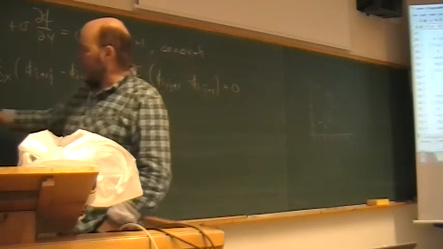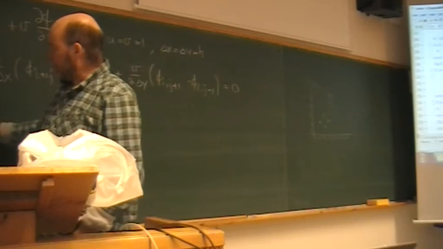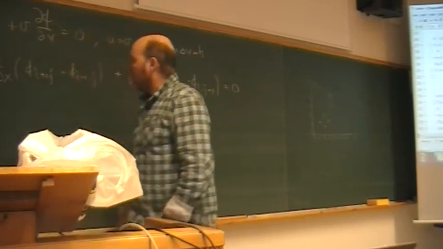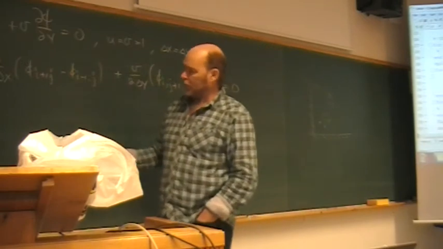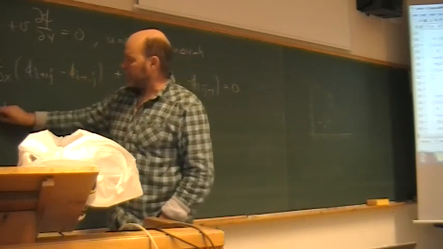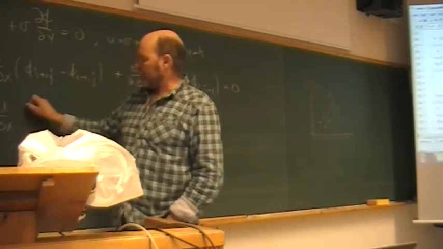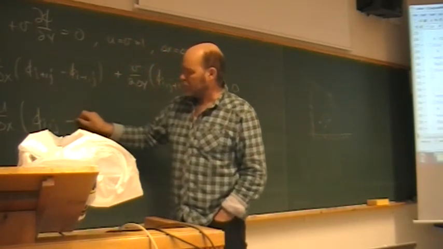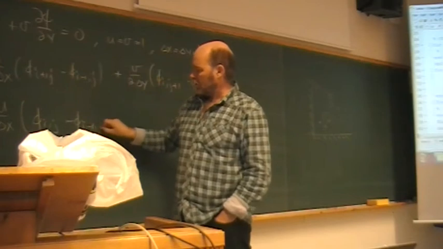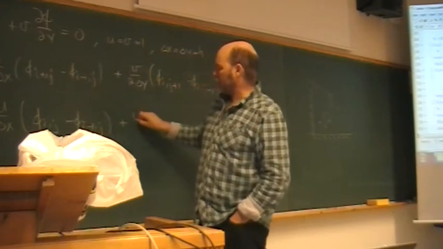For the upwind scheme, UDS, what will we get? Well, more or less exactly the same, except only one delta x, and you use the center point all the time.